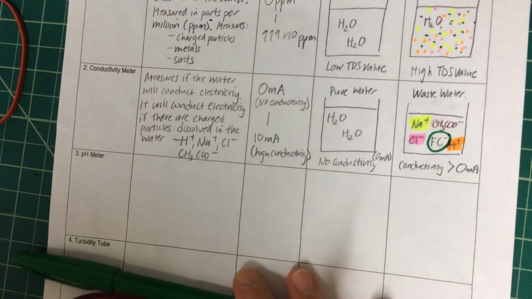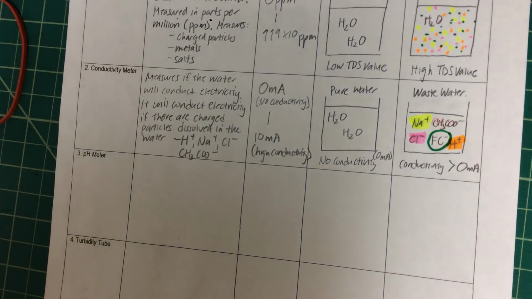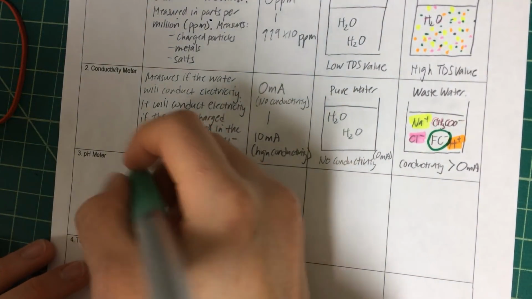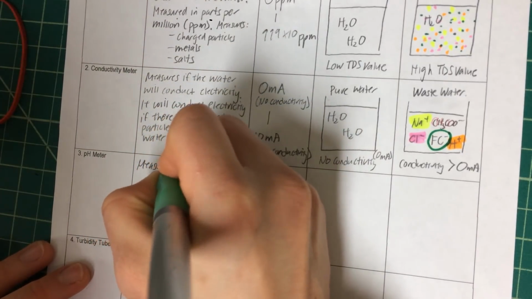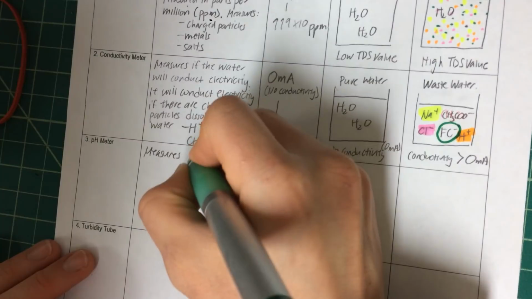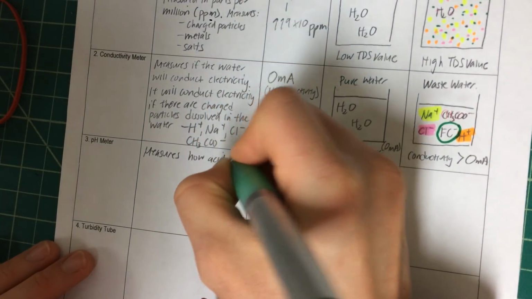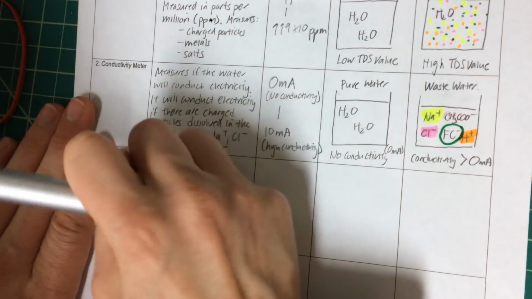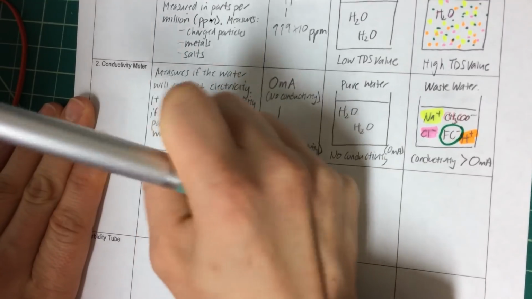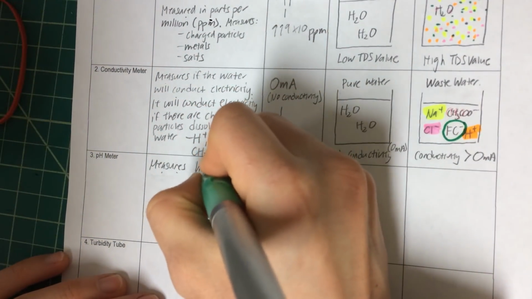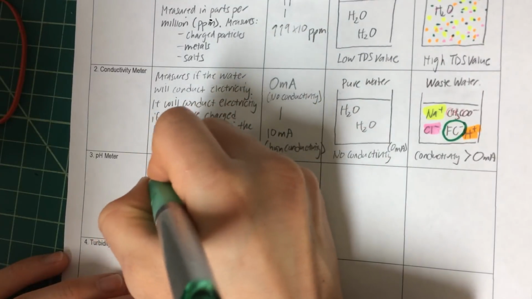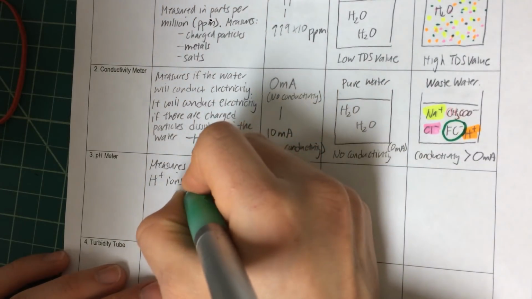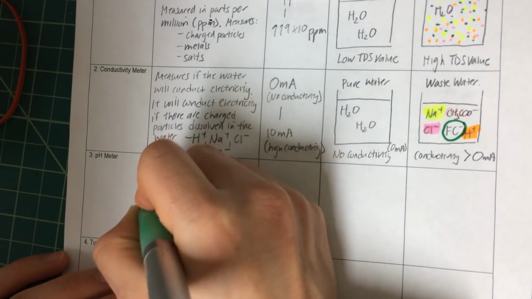Okay, so now let's go over the pH meter. So the pH meter measures how acidic or basic, actually I'm going to change that, measures how many H+ ions are in the water.